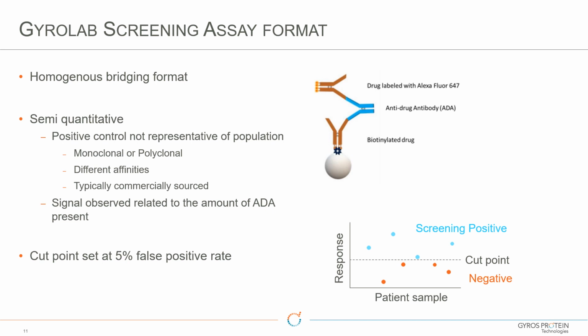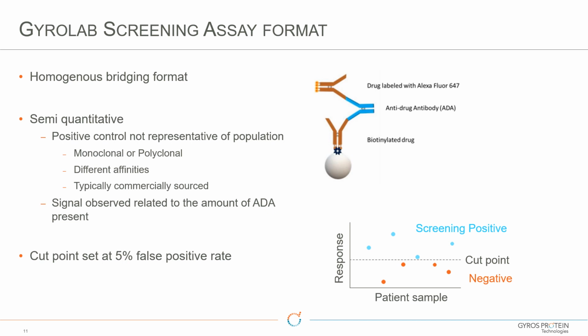As I've already mentioned, the positive control is not representative of the population, but it's better to pick a polyclonal when you can because it's more representative of your samples. I've been involved in many programs where we've specifically raised a polyclonal in rabbits for the study.